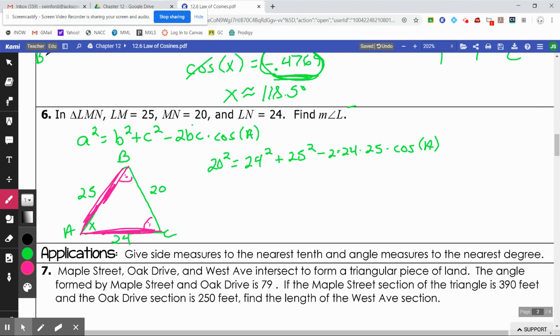So here we go. Let's move our 24 and 25 squared over. So you now have 20 squared minus 24 squared minus 25 squared equals negative 2 times 24 times 25 times the cosine of A.